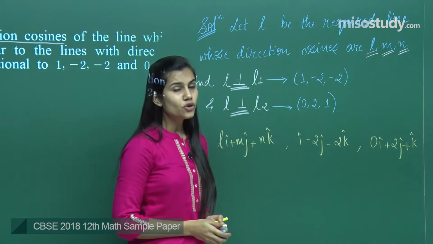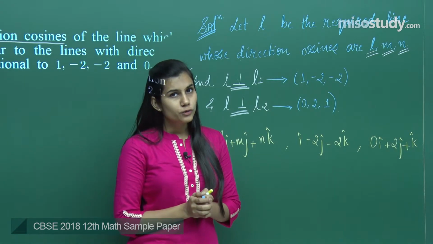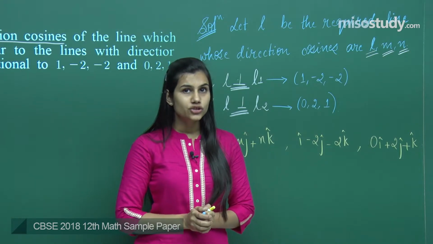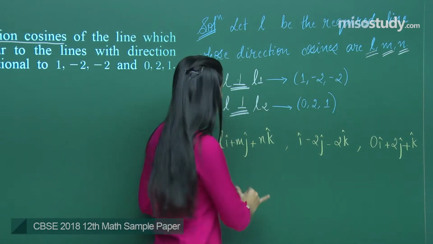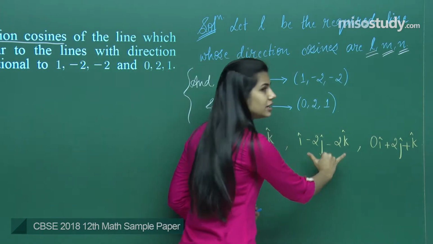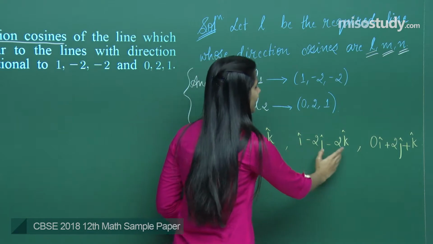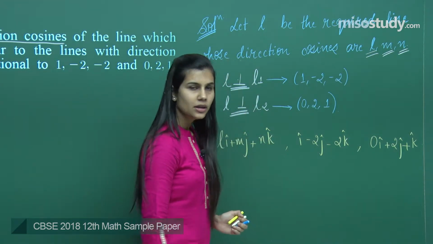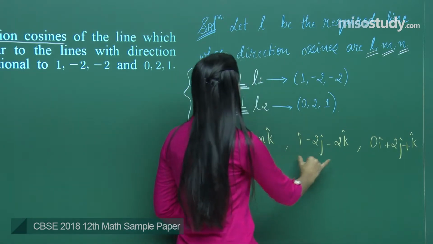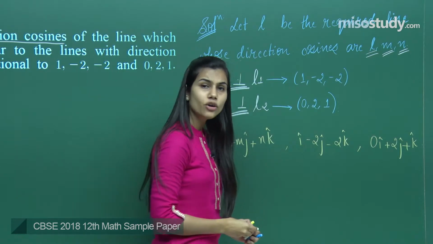And the moment I am talking about perpendicularity, you know that the dot product of two vectors will be 0, between which the perpendicular condition is being imposed. So, this line is perpendicular to this line. This vector is corresponding to line L, this vector is corresponding to line L1, they both are perpendicular, so their dot product will be 0.